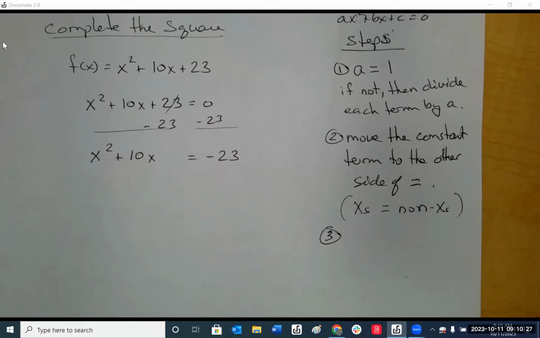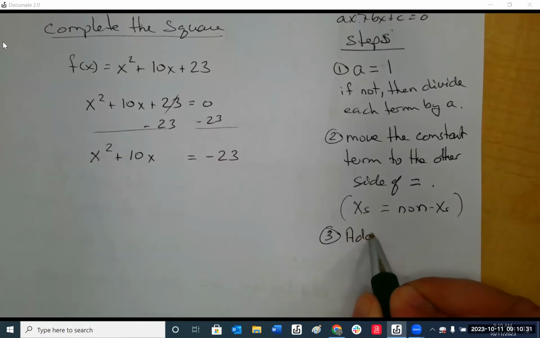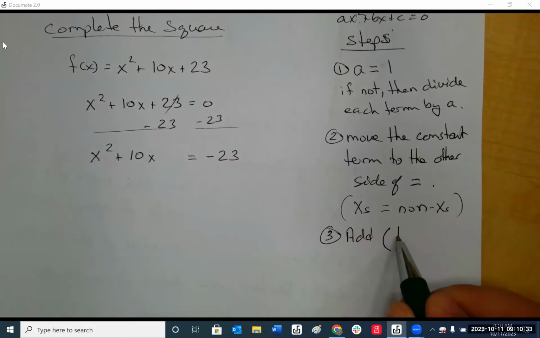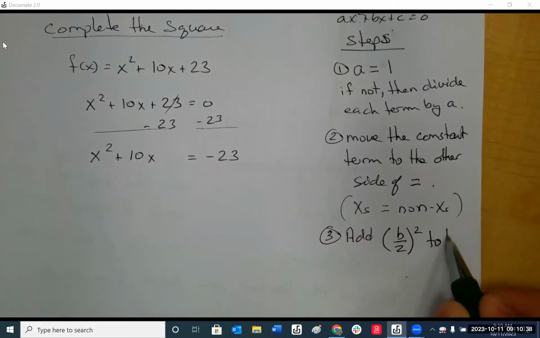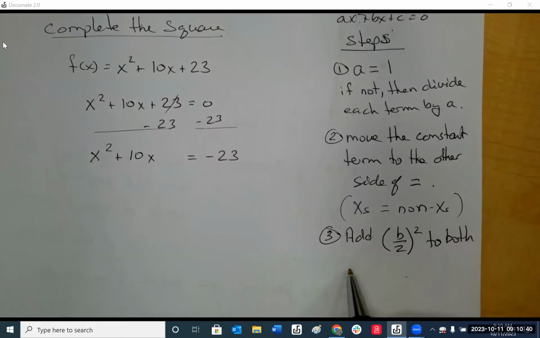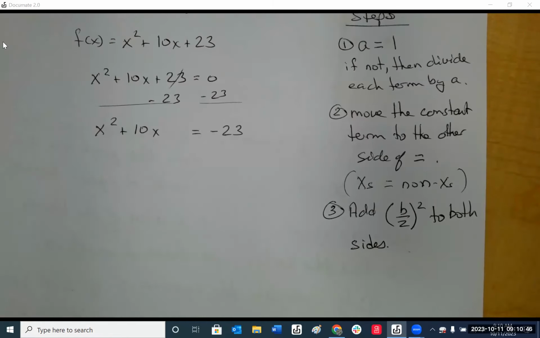Now comes the process. Add b over 2 squared to both sides. Remember, what is b?